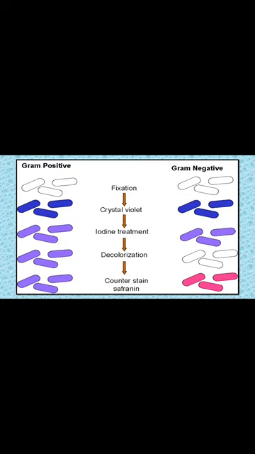Then using crystal violet, both bacteria are purple in color. Iodine treatment, purple in color. At the time of decolorization, gram positive bacteria purple and gram negative bacteria colorless. Then when you are using the counter stain, that is safranine, gram positive bacteria are purple in color and gram negative bacteria are red in color.